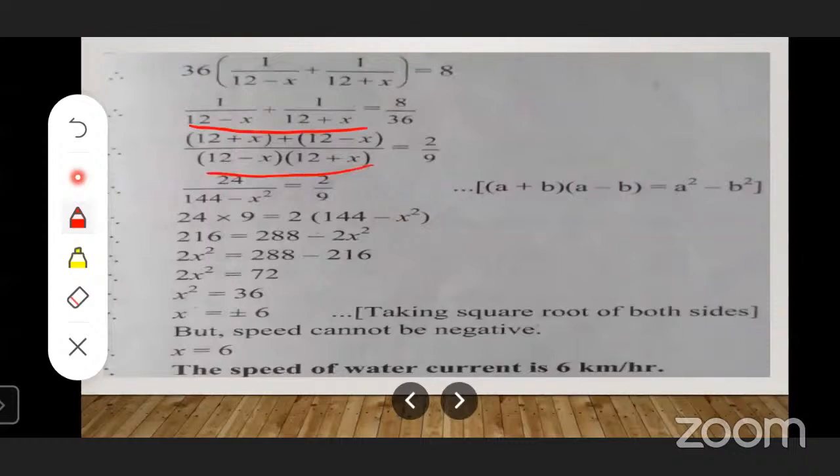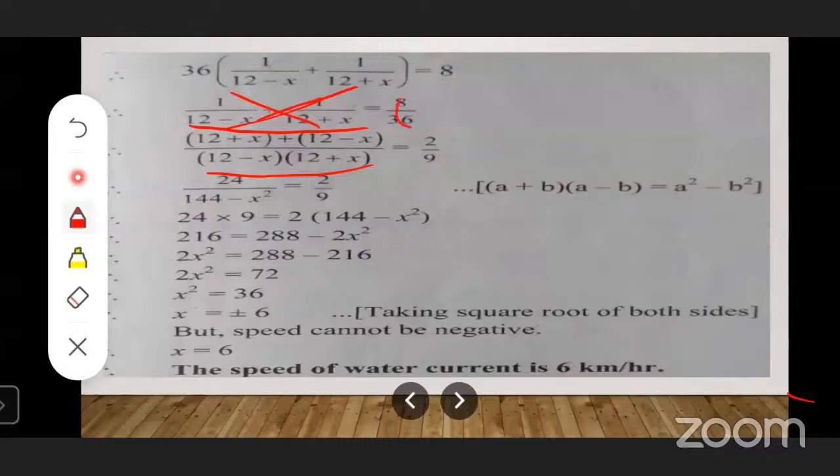So what will our denominator be? 12 minus x into 12 plus x. Just cross multiply here. 12 plus x will come here and 12 minus x will go here. So this is how you will get the numerator as 12 plus x plus, in the other bracket, 12 minus x, divided by 12 minus x into 12 plus x.